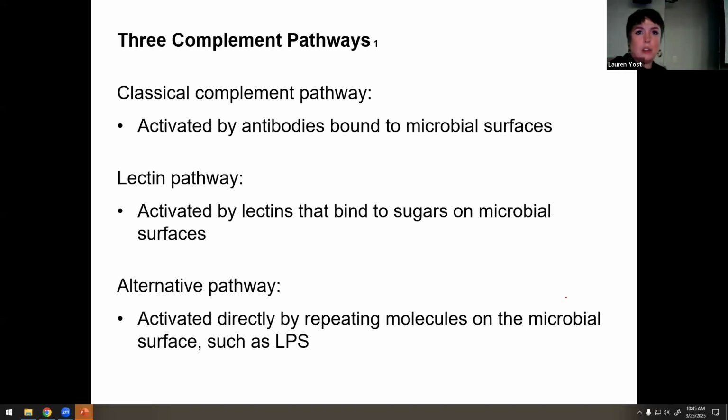So the classical pathway is activated by antibody, the lectin pathway when the lectin protein sees microbe sugars, and the alternative pathway by other repeating molecules on microbe surfaces. A very common, very obvious one is LPS, or endotoxin, which can trigger this pathway.